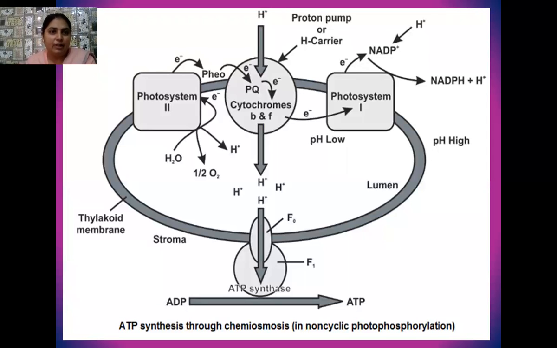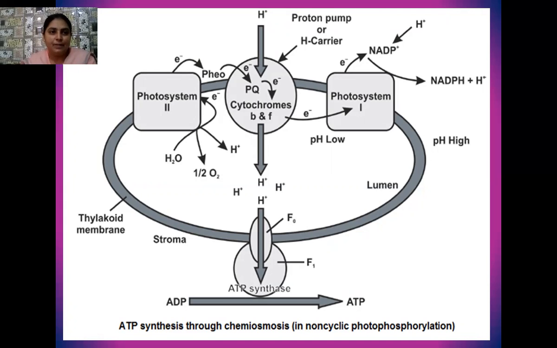So what the chemiosmotic hypothesis tells us is that a reaction associated with photosystem 2 (P680), the splitting of the water molecule, releases some protons, some electrons and an oxygen molecule.